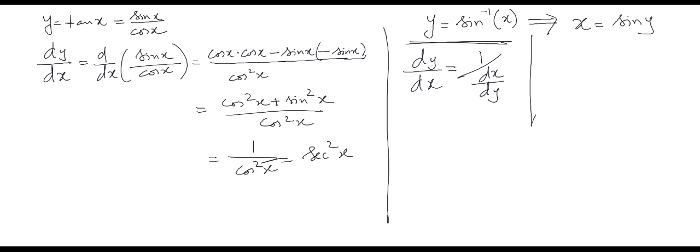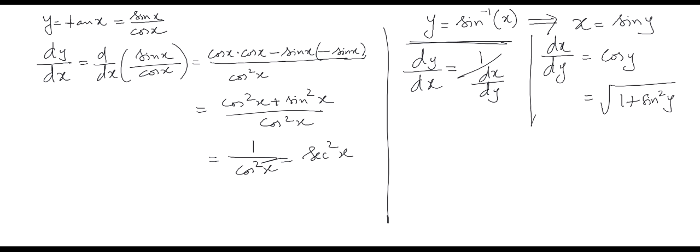So all I want is dx by dy. The differentiation of sine y is cos y. But eventually I want everything in terms of x. The y doesn't look good, but cos y is nothing but the square root of 1 minus sine squared y.